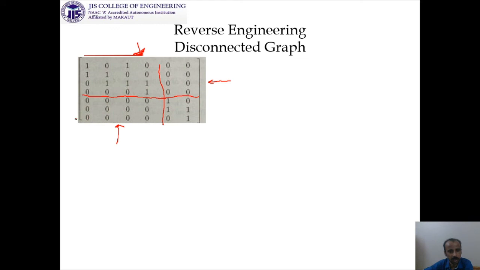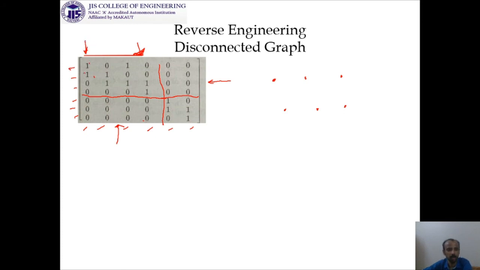You just name some vertices in these positions and some edges in these positions, then generate the vertices and take one edge one by one and connect them as per the instruction embedded in this matrix.